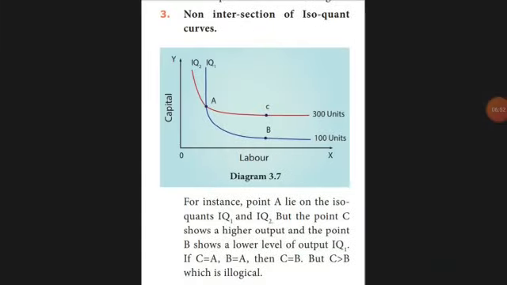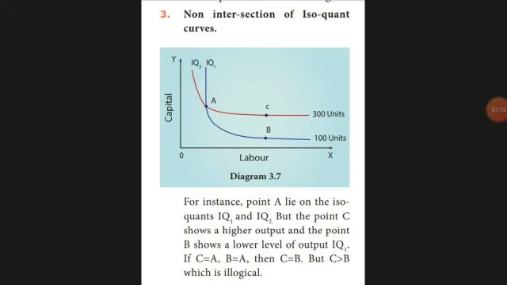Next, we can go for non-intersection of isoquants. Isoquants cannot intersect with each other. You can see there the red line C and the blue line B. C indicates a higher output. B shows the lower output.